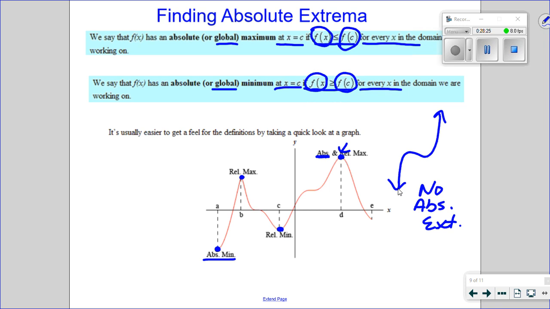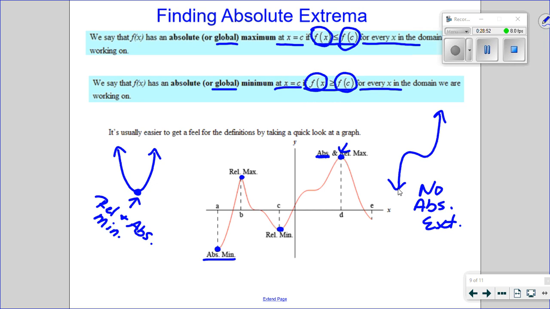But let's say maybe your graph is a parabola. The vertex of the parabola we could identify as a relative and absolute minimum. But this graph would have no relative or absolute maxima, okay?